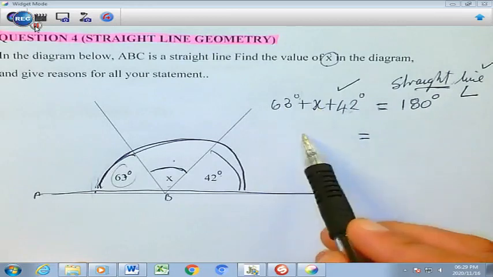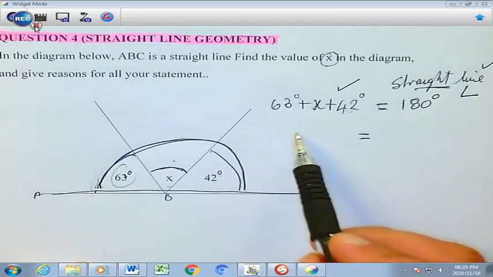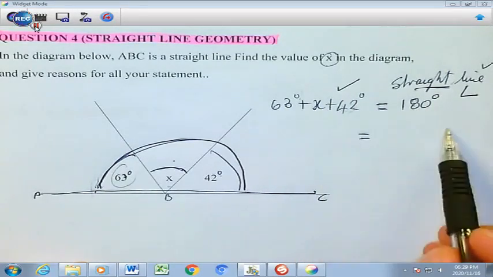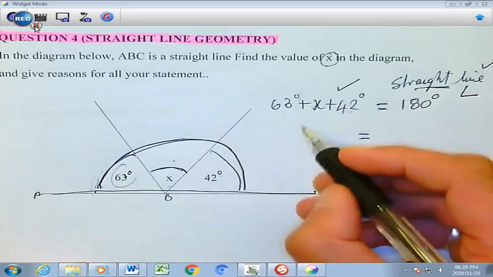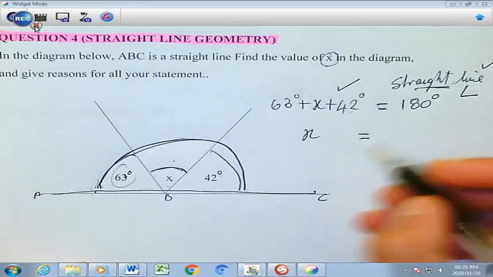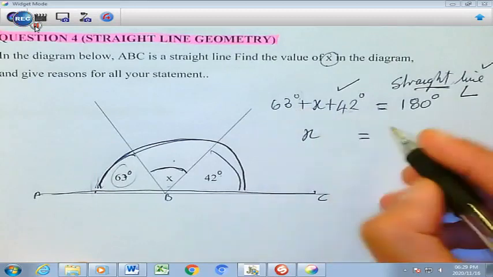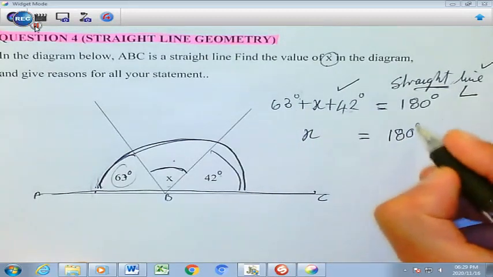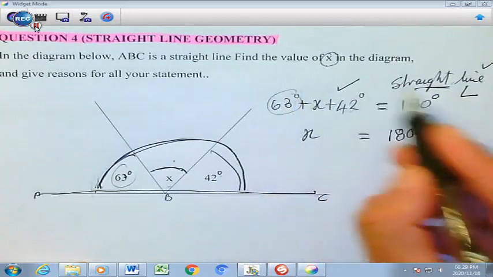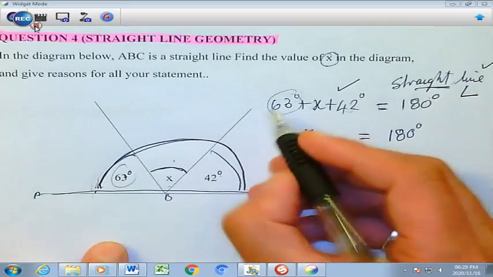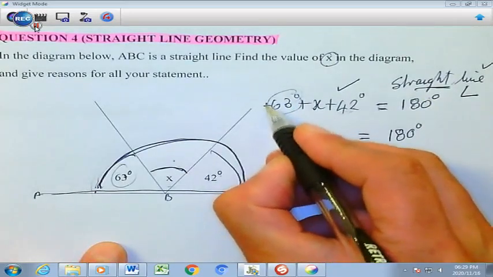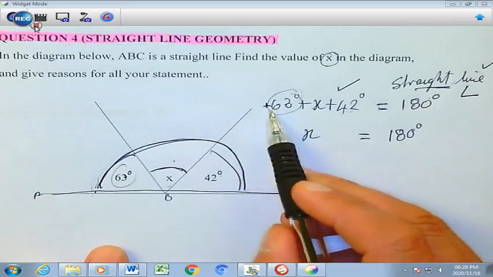And I'm going to leave the x here. I'm putting all the pears here and all the apples on that side basically. So I'm going to leave the x here, and I'm going to put my 180 down, and I'm going to take the 63 and put it over. Now at the moment, very importantly, that is a positive 63 that you see there. Right? That you must keep in mind.